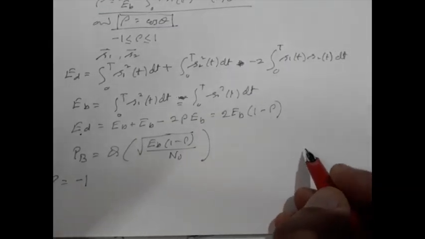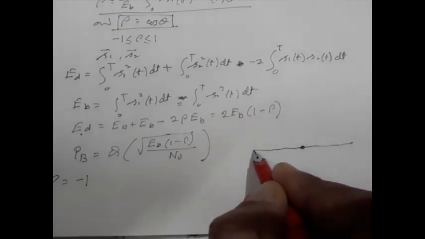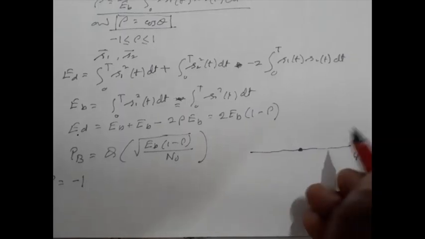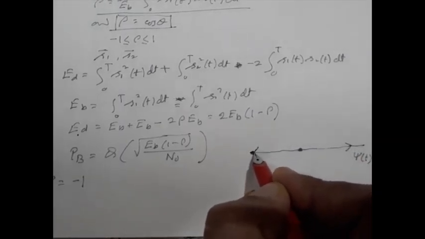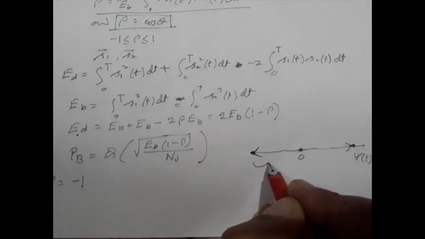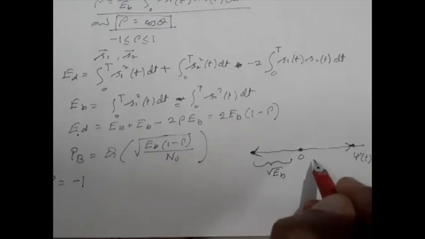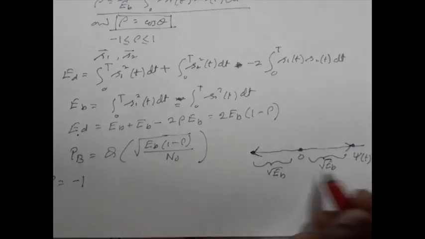So if we try to draw the signal space, this is 0, this one is square root of EB, and this one is also square root of EB, both of them are equal.